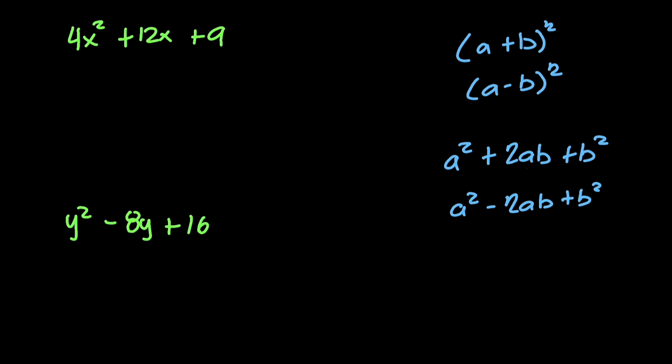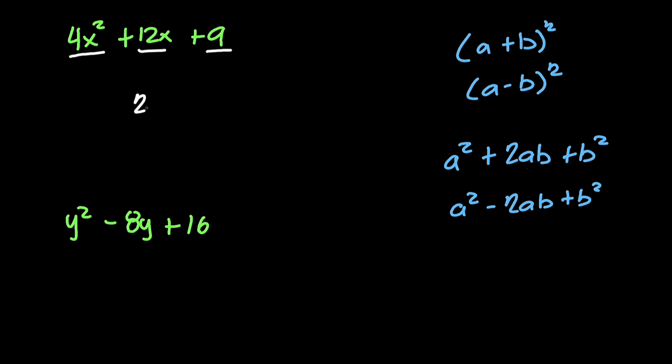So that will be the answer for this example. Now 4x squared plus 12x plus 9. a squared here would be 4x squared, and b squared here would be 9. Now we will confirm whether 2ab here is 12x.